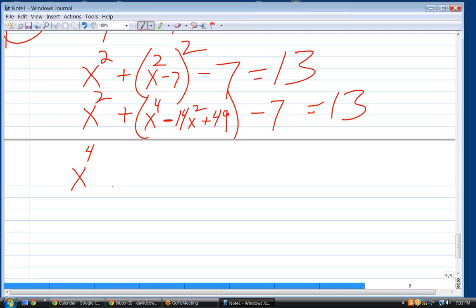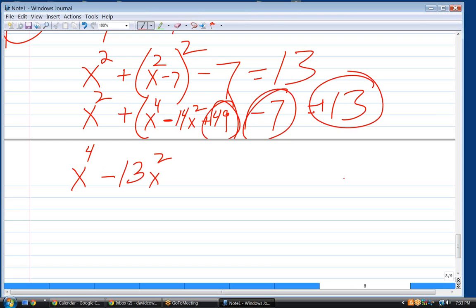What's next? It's all I'm doing is ordering the polynomial, so I have the highest degree on the left. Next is going to come x squared. How many of those do I have? Negative 13x squared. And my numbers, all 3 numbers, convert to what? 5.